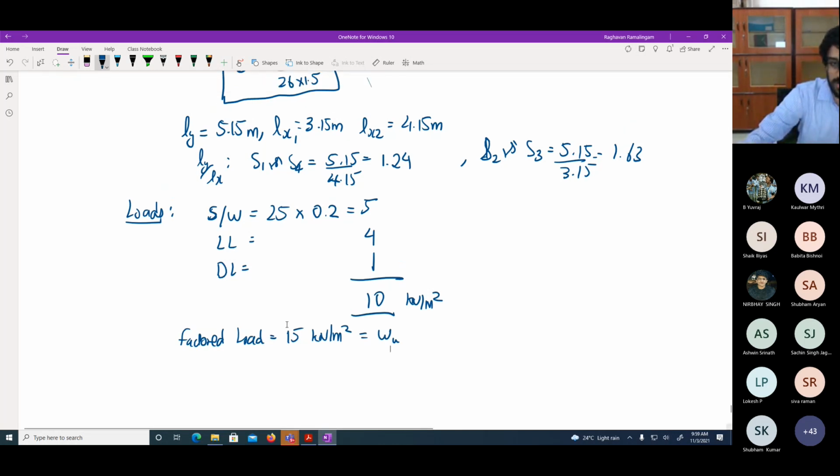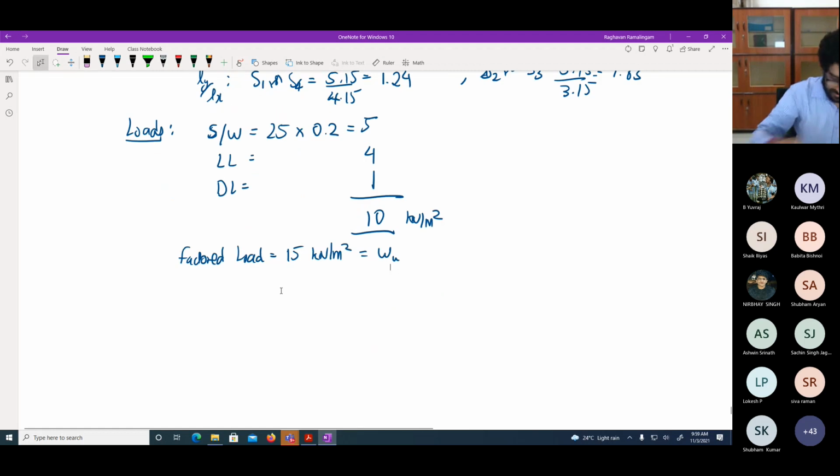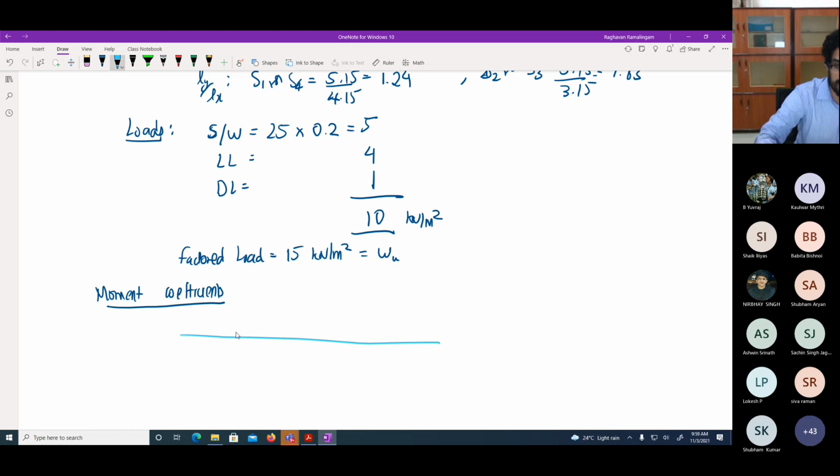Now my job is to find out the coefficients for all these cases. So, moment coefficients. Let's come one by one. First slab, let me just tabulate it. I'll make a tabulation like this.